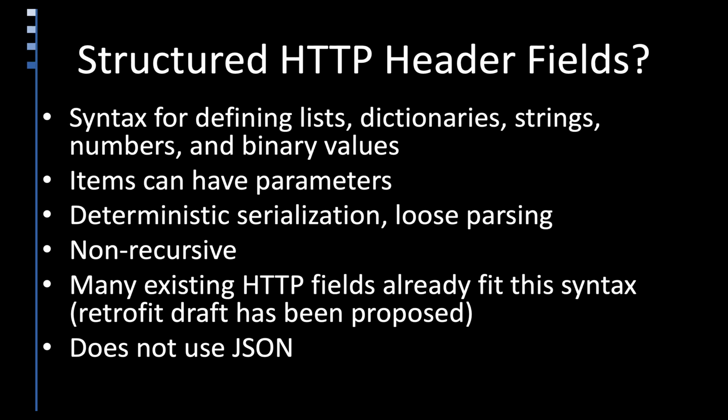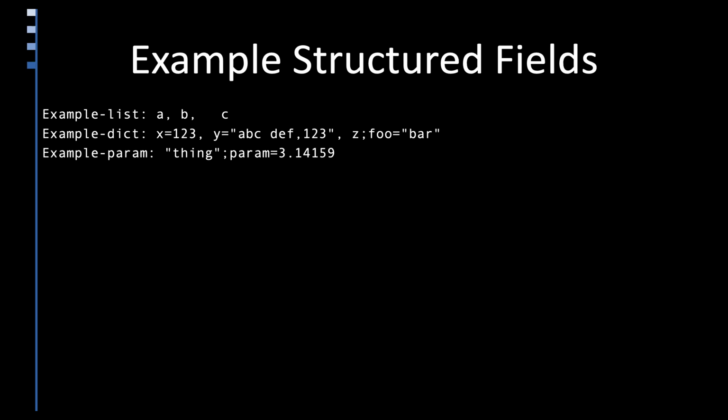The way that it is used here in HTTP message signatures is that we use them for attaching things to the HTTP message, and we use them as parts of that generation mechanism for the normalized message generation. So these are just some example structured fields that I threw in there.